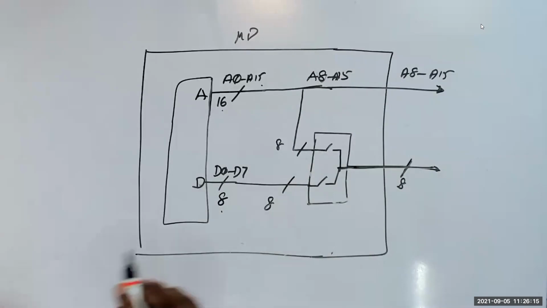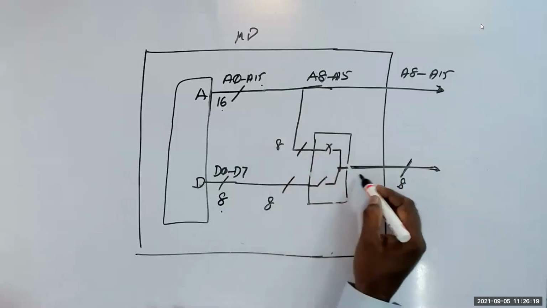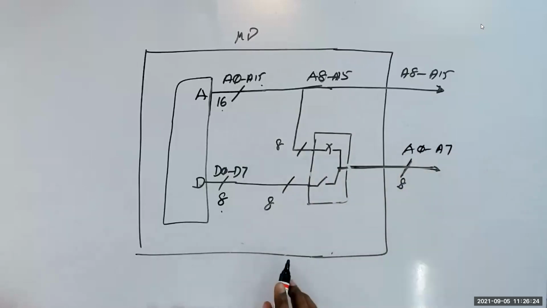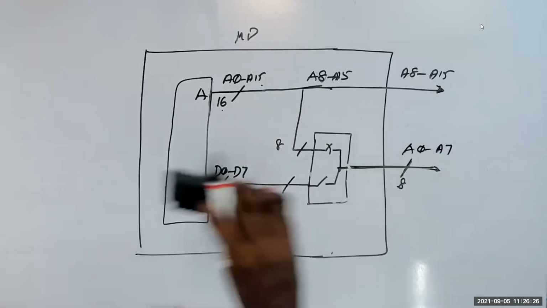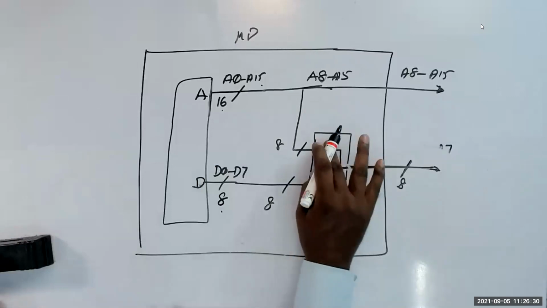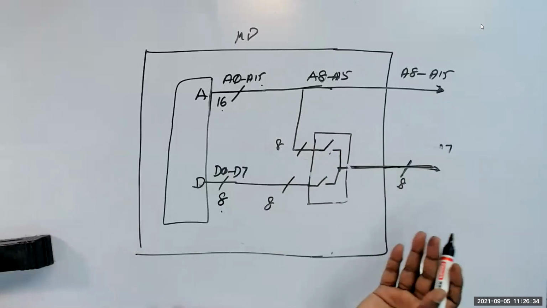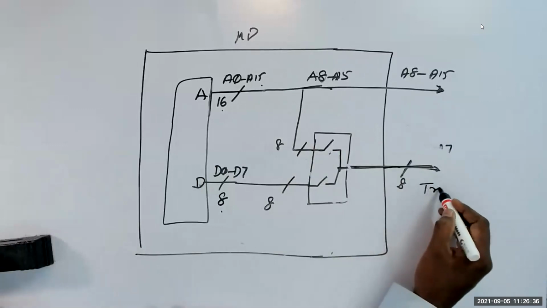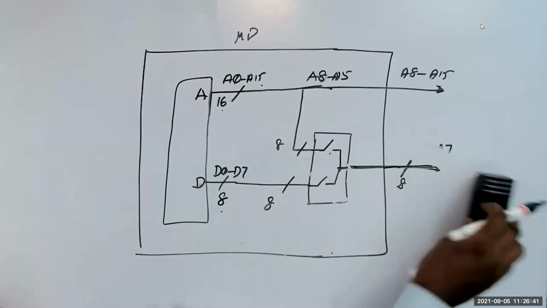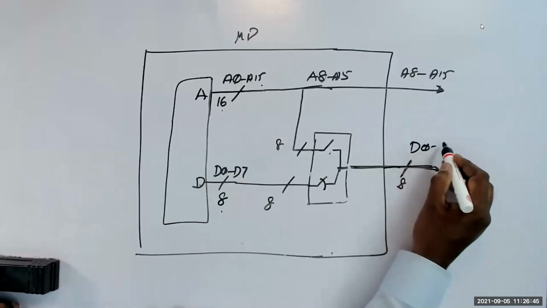If you turn on the switch, it becomes the address line, A0 to A7. If I turn off the switch, there's nothing. No connection, no voltage. It's tri-state. Now, when I turn this switch on the other way, it becomes D0 to D7.